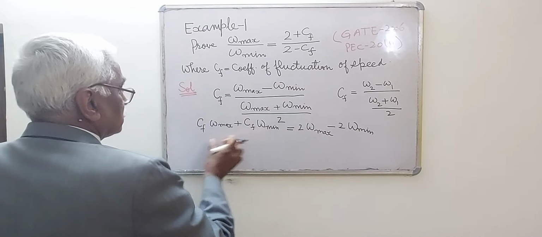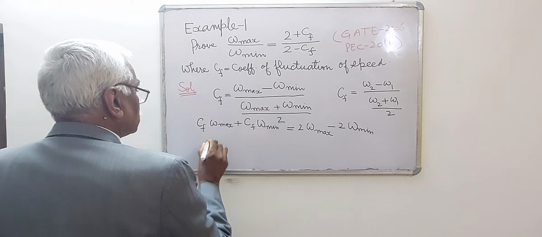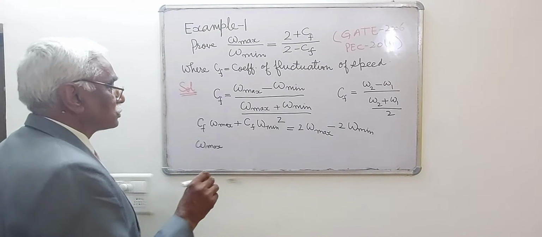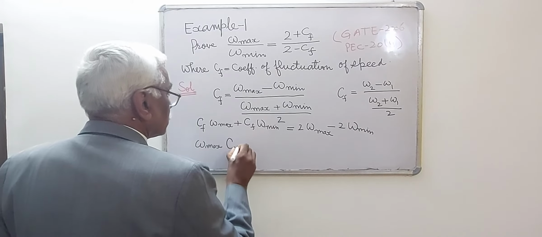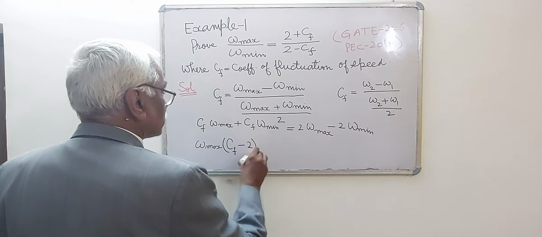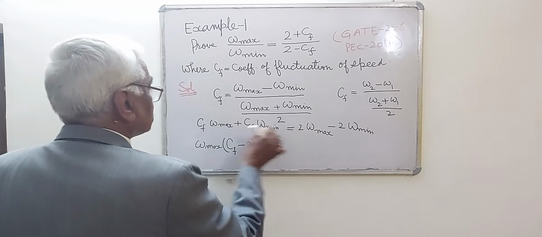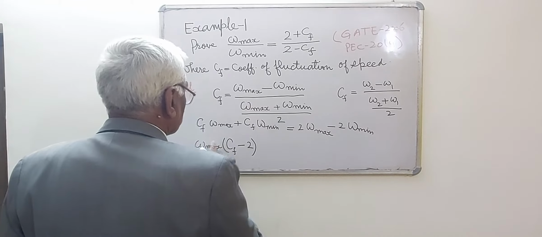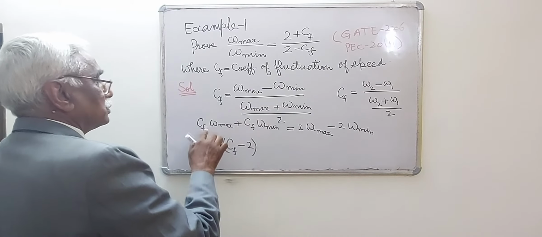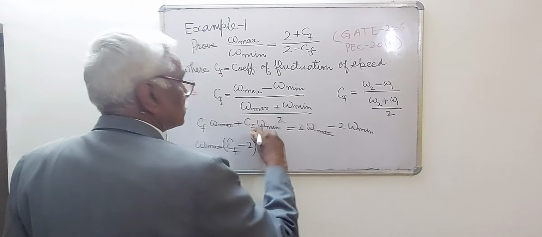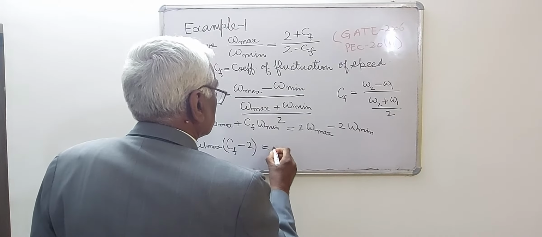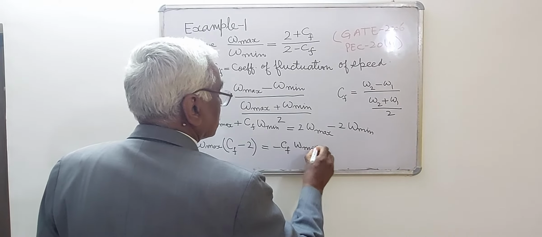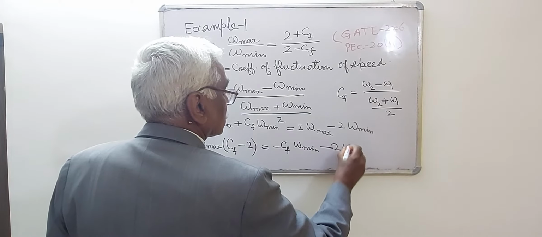Omega max can be taken this side, so it will be omega max CF minus 2. Omega max is shifted this side, so CF minus 2 into omega max is taken as common. CF minus 2, it can be written as minus CF omega minimum minus 2 times omega minimum.